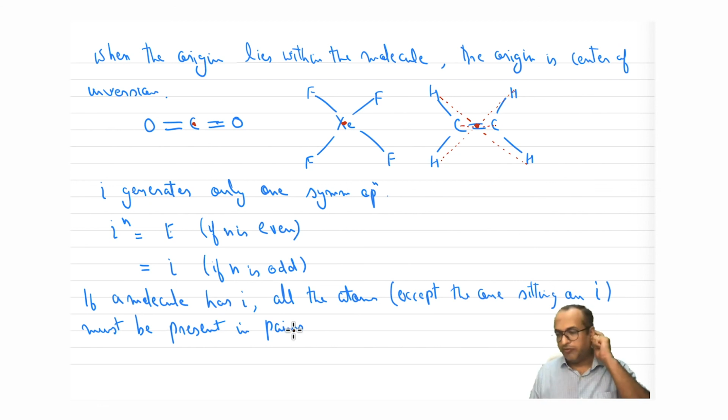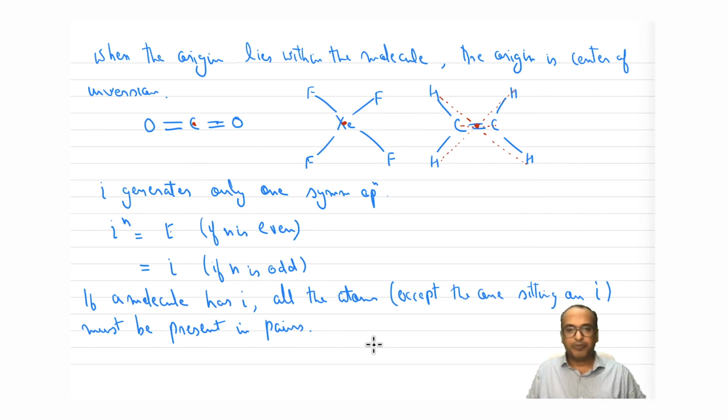Otherwise you will not be able to reflect one atom onto the other atom of the same species. So that means we don't need to look for an inversion center in a molecule which has an odd number of atoms of more than one species. So if there are two different species present in odd numbers, that means the molecule cannot have i, right? But vice versa it is not true.